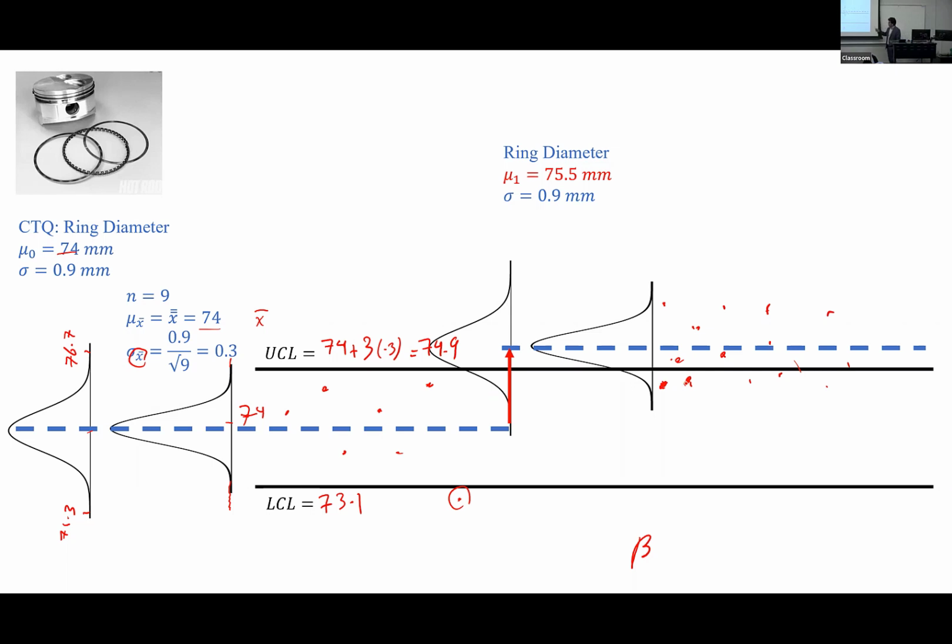So beta is the probability that although the process mean has shifted, the point falls within limits. Beta is that probability. Okay, type 2 error.